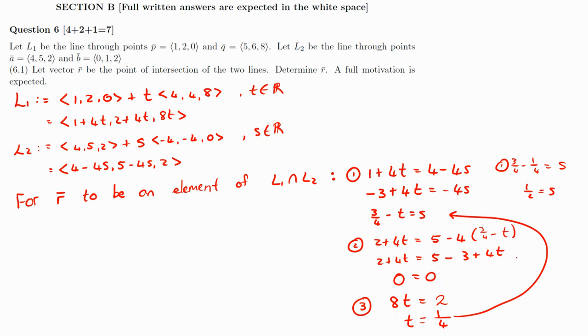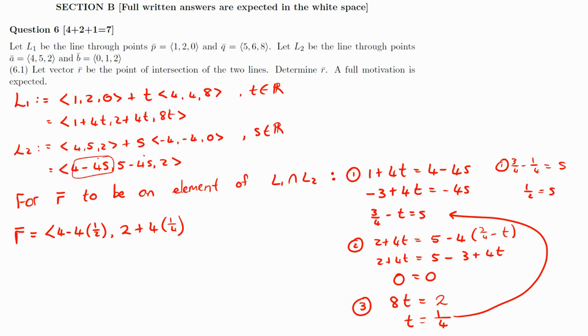that this actually works. So R is then equal to 4 minus 4s, then it's 2 plus 4t. You can use any one of these.